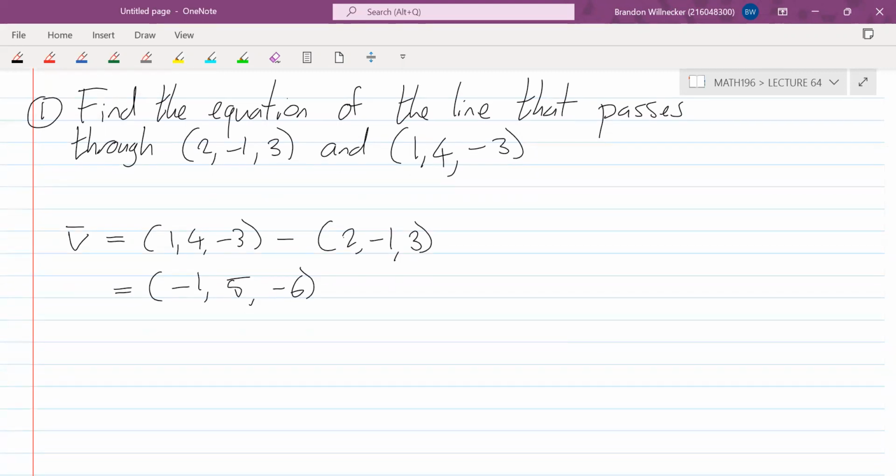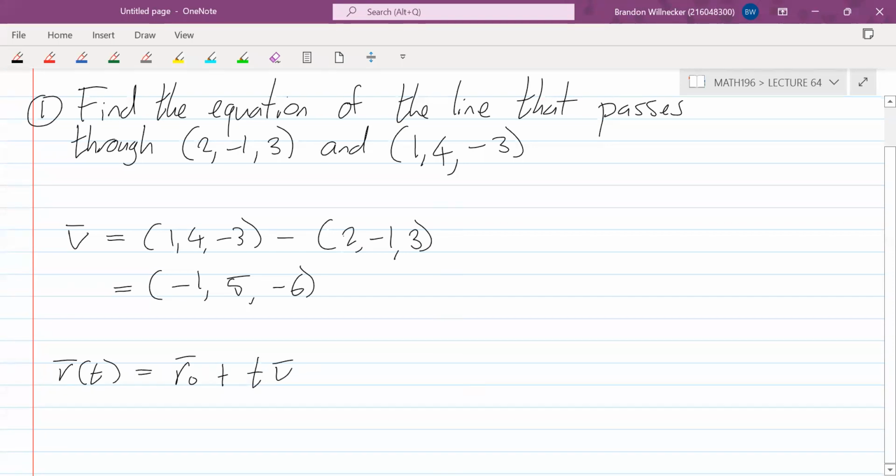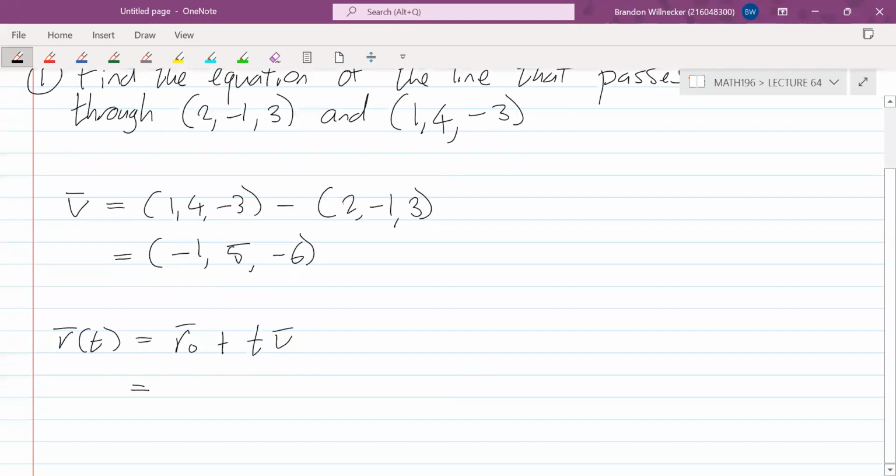So now we can just write down the equation of the line. So that's going to be r of t for some parameter t. This will be r0, which is any point along the line, plus t times our direction vector, which is v. Okay, so r0 can be any point along the line, it doesn't matter. So let's pick (2, -1, 3).